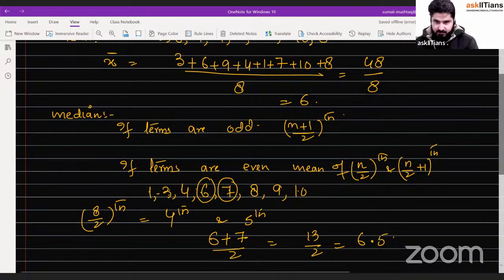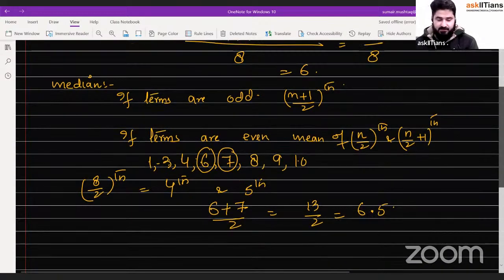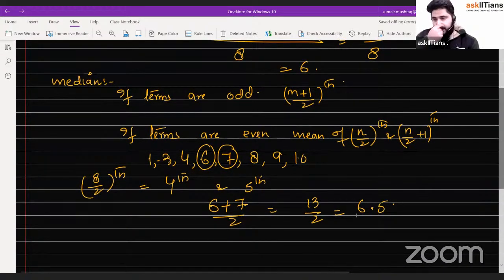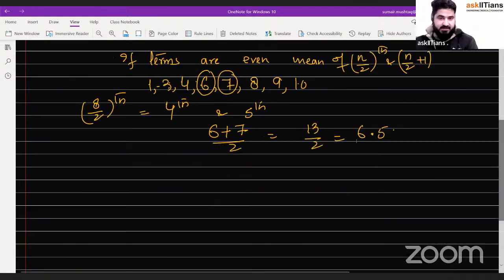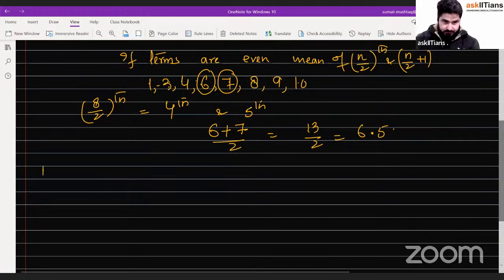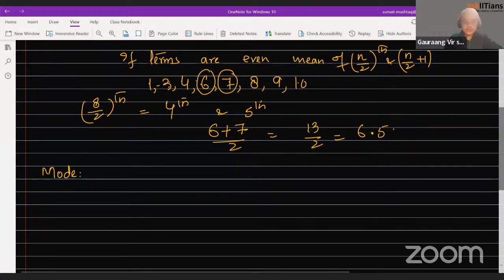So this was about how to find the mean, how to find the median, and one more terminology that we have. Can anyone tell me what a mode is?